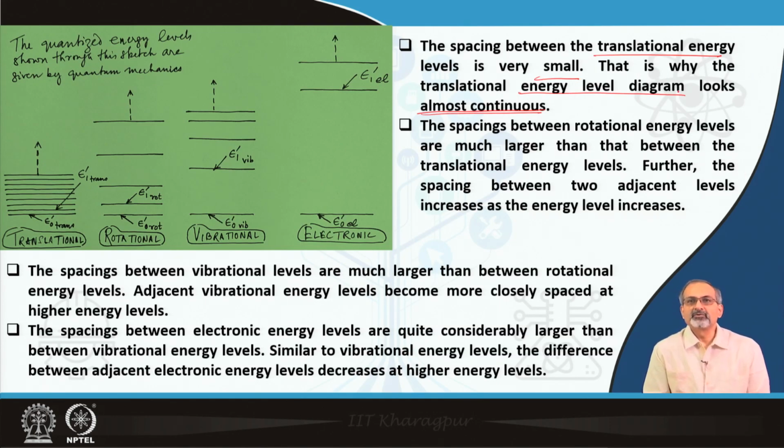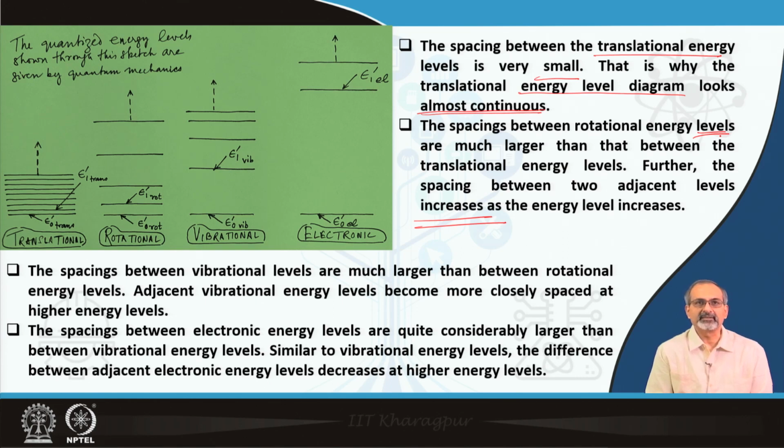The spacings between rotational energy levels are much larger than that between translational energy levels. Further, the spacing between two adjacent levels increases as the energy level increases. So, one thing is that it is much larger than translational, the other is that the spacings would increase as the energy level increases.